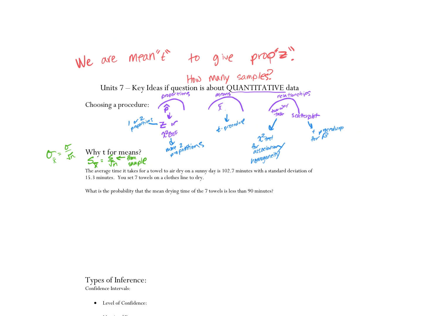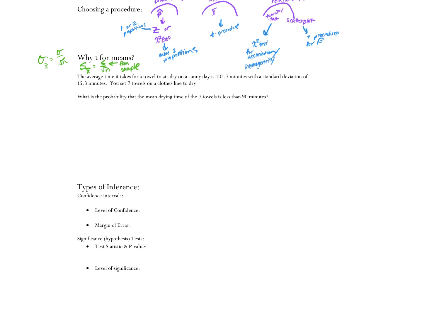But anyway. It turns out that we talked about the rest of this page when we did the Unit 5 key ideas, including T for means, and we talked about the different types of inference with the Unit 6 ideas. So I'm not going to worry about those.